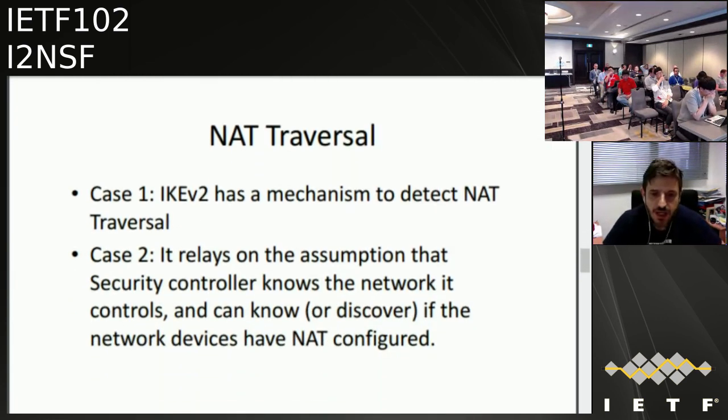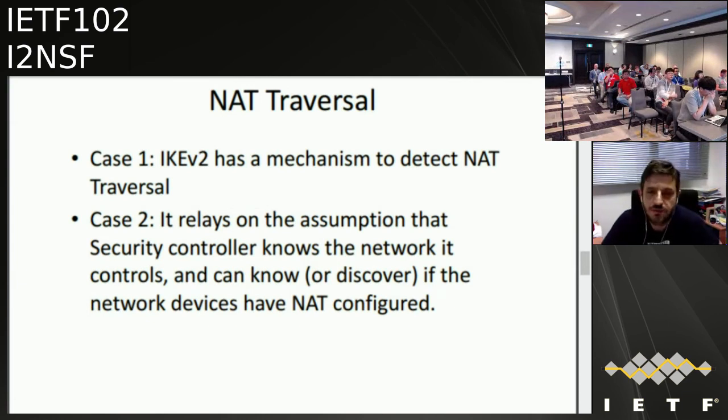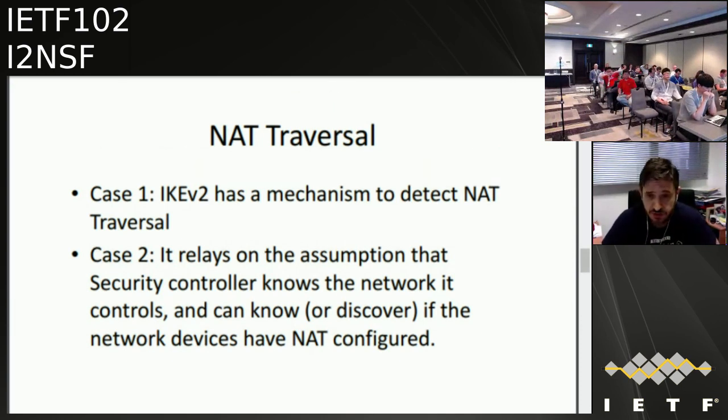Okay. So the configuration for NAT traversal is, in case 1, fairly easy, because the only thing you need to do is, IKE version 2 is in the NSF and has a mechanism to detect NAT traversal, so little configuration there.